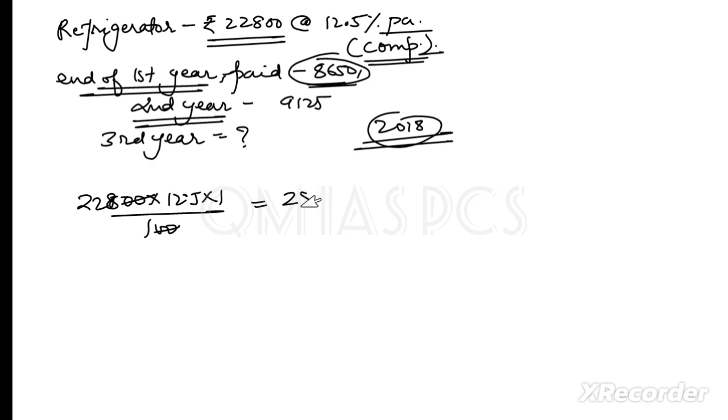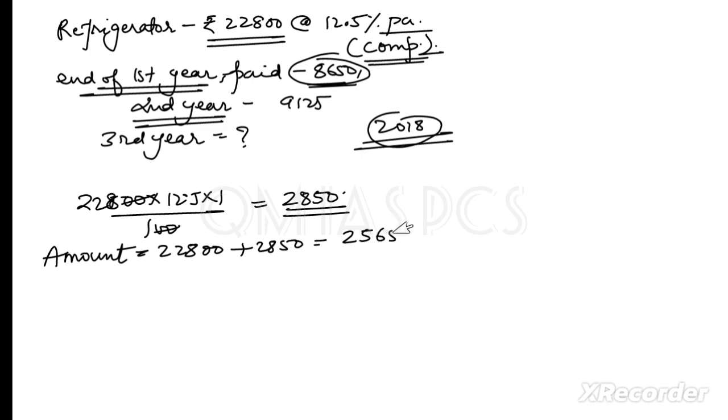We are getting 2,850 rupees for the first year. So how much amount does that person have to pay? It will be 22,800 plus 2,850, so the amount will be 25,650. But that person has paid 8,650.